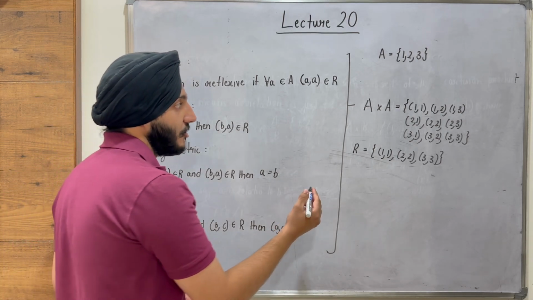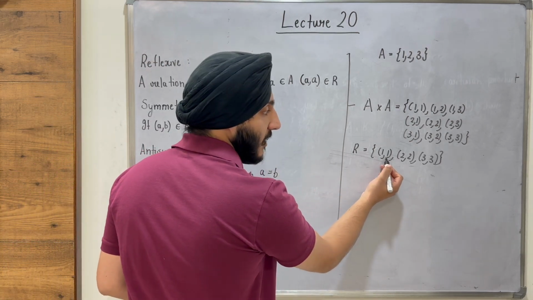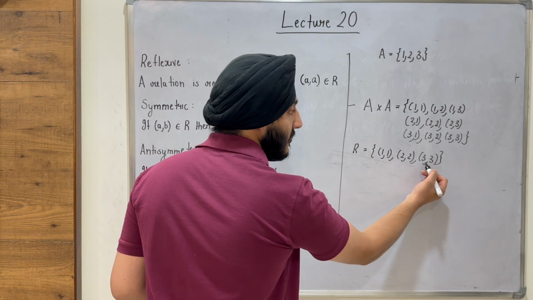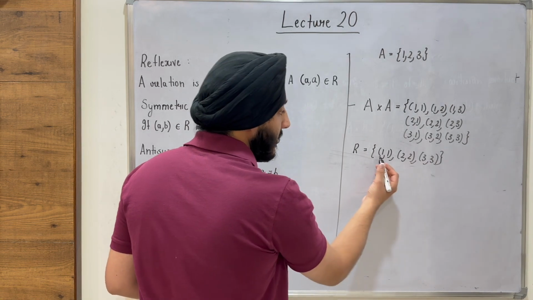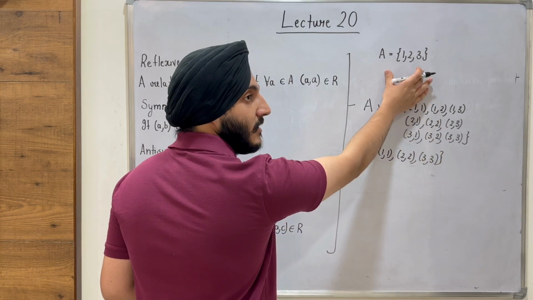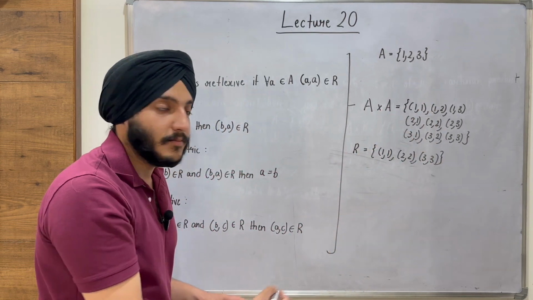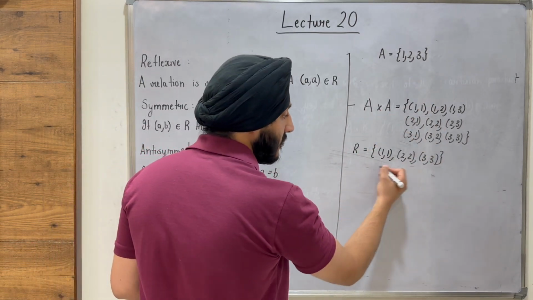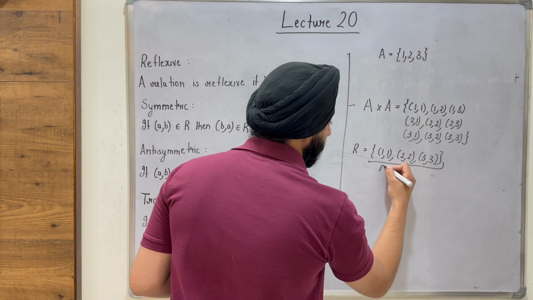If you look at this relation, 1 is related to itself, 2 is related to itself, 3 is related to itself. These are the three unique values that I had in the set, and they are all related to themselves. Hence, I can say that this is a reflexive relation.